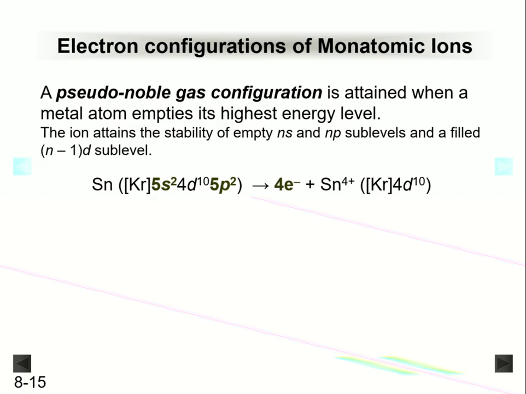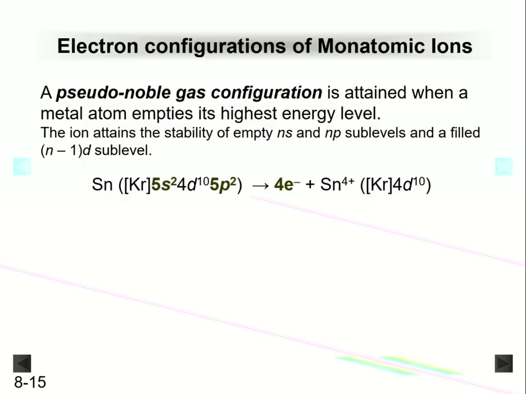In this case, the outer electrons are those with the highest principal quantum number, n, so that would be the 5s2 and 5p2. When tin does this, the ion attains the stability of an empty ns and empty np sublevel and a filled n-1d sublevel. So it's a pseudo-noble gas. It has a krypton core plus a filled 4d10 when tin forms its +4 oxidation state.